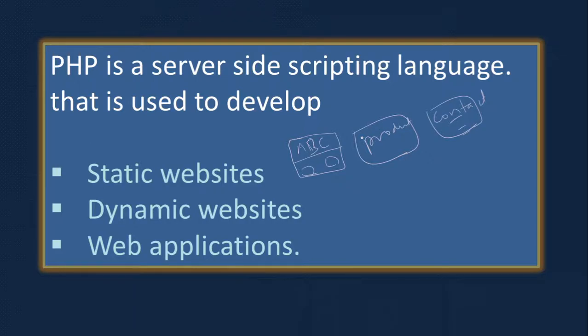But when you come to the dynamic website, it's totally different. In a dynamic website, the details change. For example, if this is a banking website and you log in with your user ID and password, your recent transactions are visible on screen.